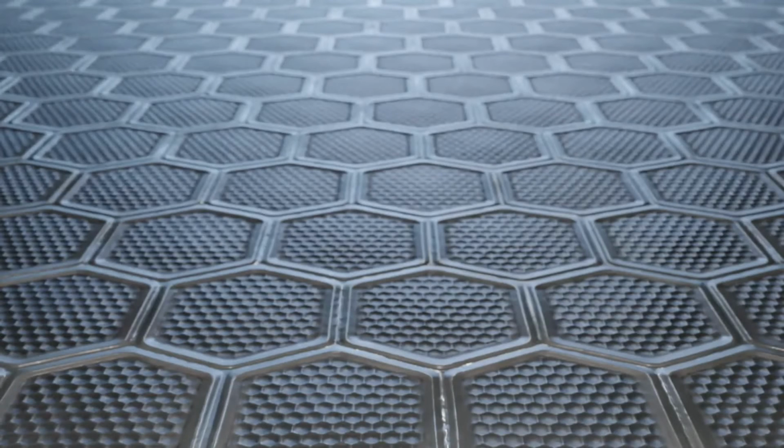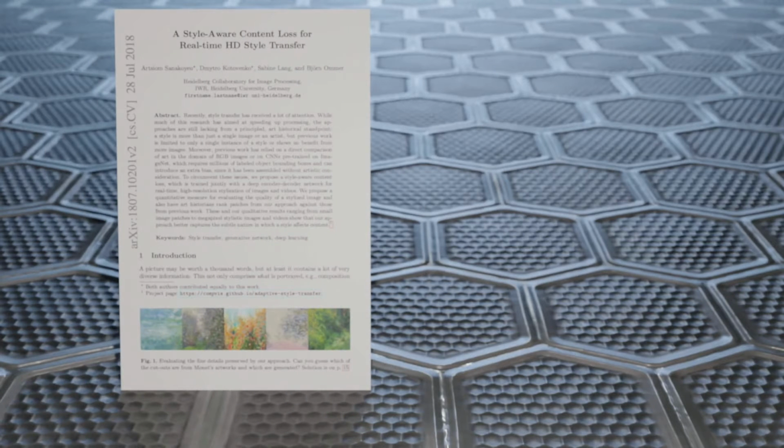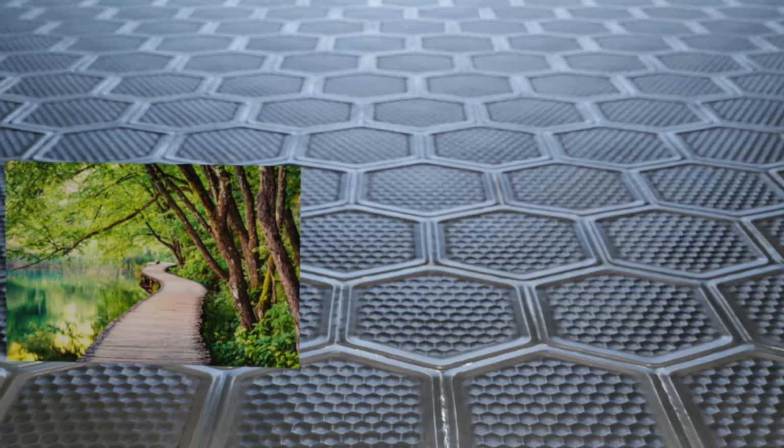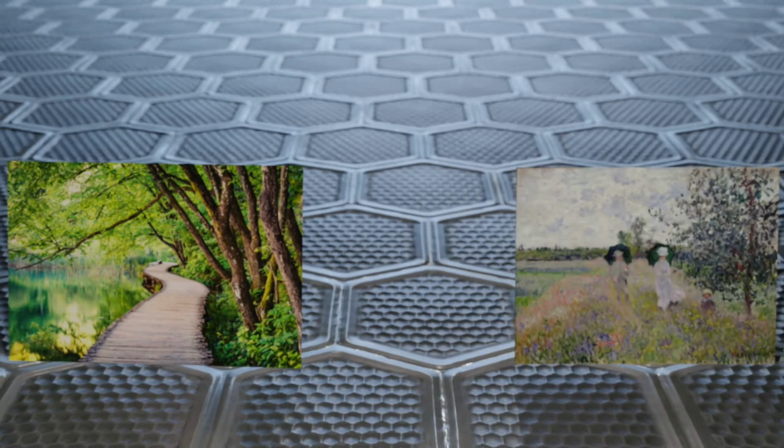We are going to look at style transfer based on this paper, Style over Content Loss. This image on the left is a photograph of a lake with trees and a path going through them. The image on the right is a painting by a painter called Claude Monet. He was French.